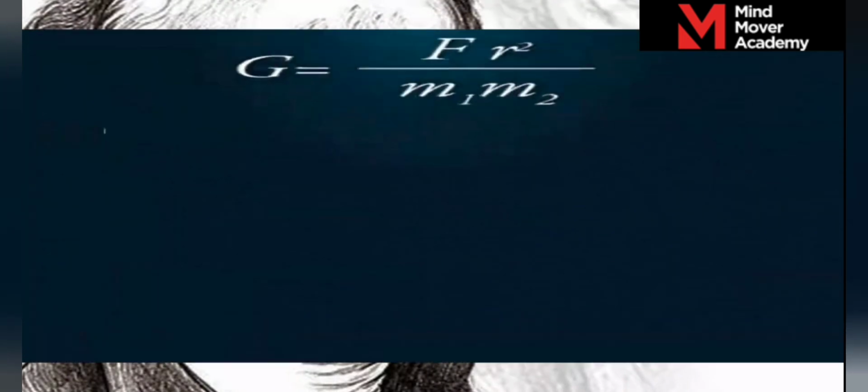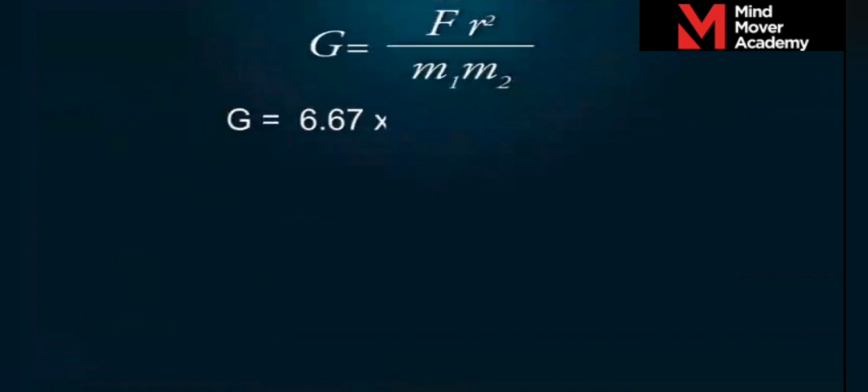Numerically, G is equal to 6.67 into 10 raised to the power minus 11 Newton meter square per kilogram square.